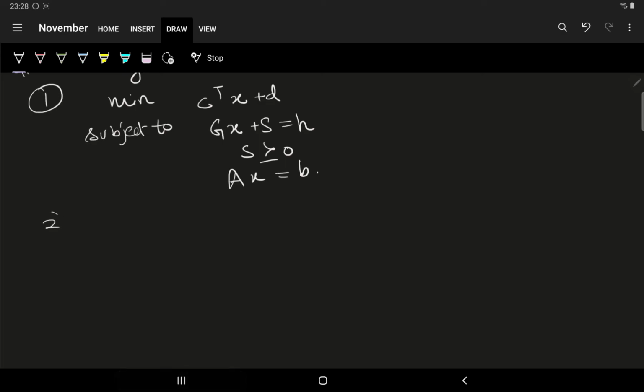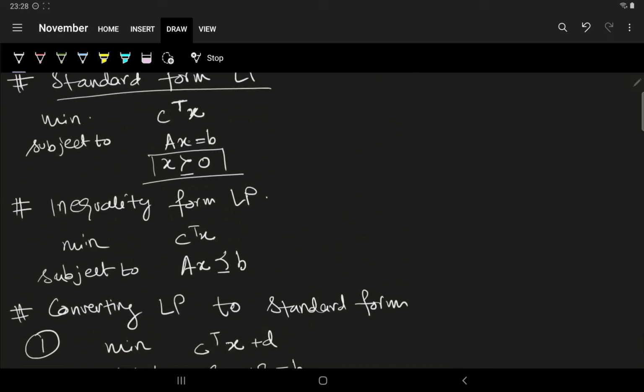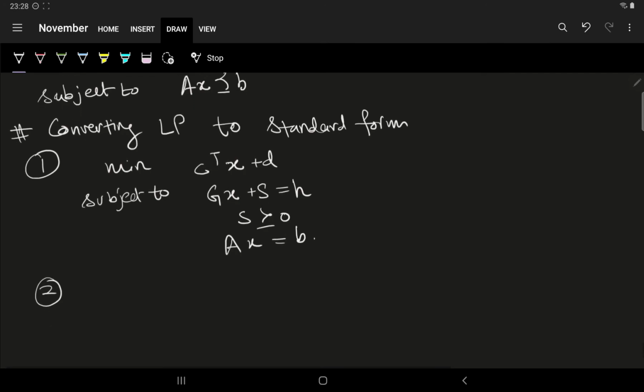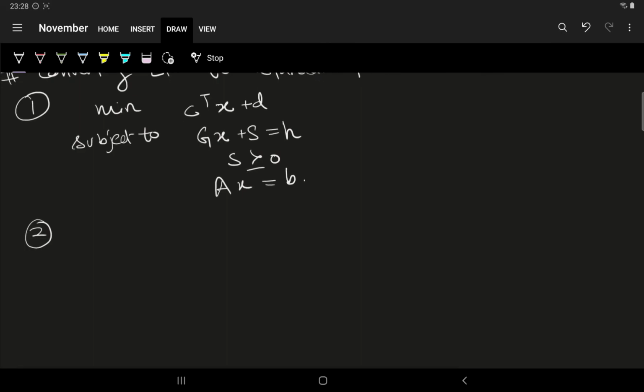Now one more step we have to perform, because this is still not in the standard form, since x is not in the component wise inequality form. So we have to introduce two more variables. So we replace x by two non-negatives, x plus and x minus, such that their difference is x.